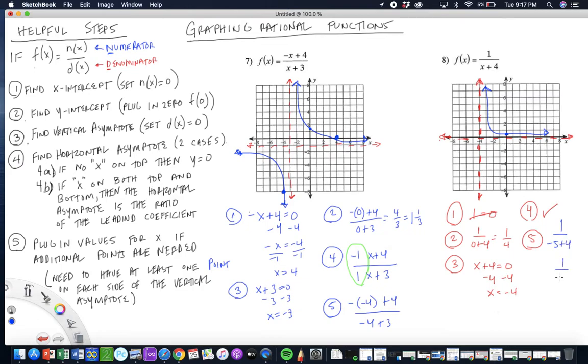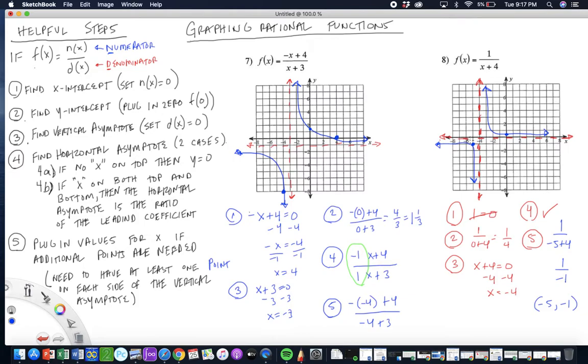I would get 1/-1. So the point I have is: I plugged in -5, and I got -1. That's a point on my graph, right here. I'm going to follow along the asymptotes and make sure I go through that point, and I have the graph of this function.